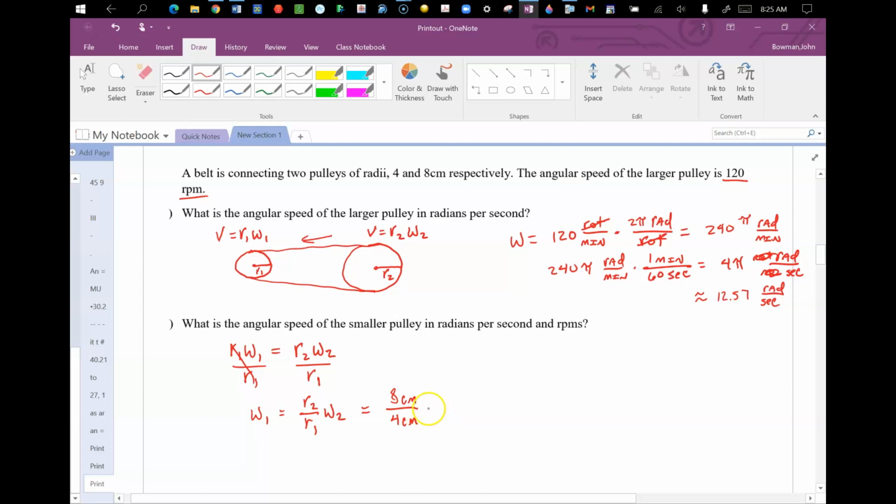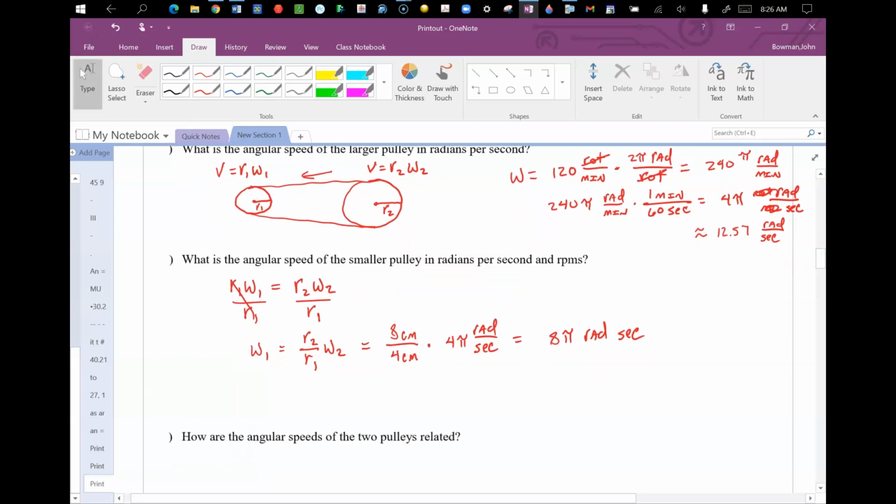The centimeters will cancel out, and if we multiply by our 4 pi radians per second, what we see is that we get 8 pi radians per second, which you might notice is twice the angular velocity of the bigger pulley. So what we're saying is that when you use a larger pulley to drive a smaller pulley, the angular velocity of the pulleys is going to be related by the ratio of the radii.